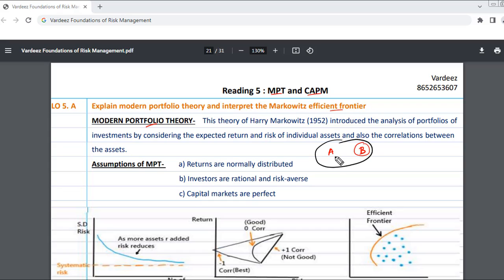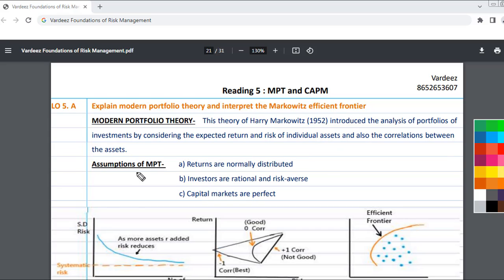I should consider the expected return on this portfolio, the expected risk, as well as the correlation between these two assets. So the idea of MPT is that don't just think about individual assets, consider the whole portfolio and their expected returns, the risk and the correlations. That's the essence of modern portfolio theory.